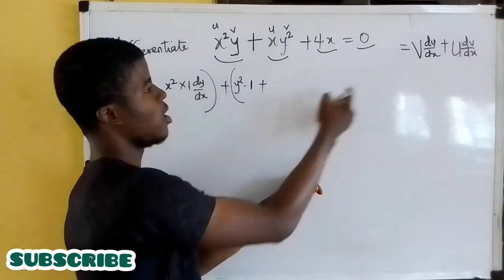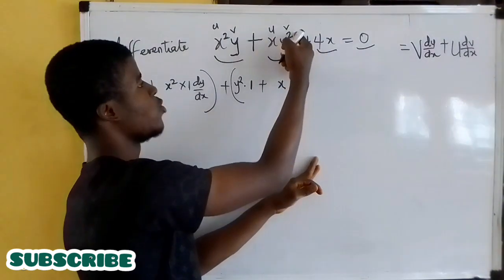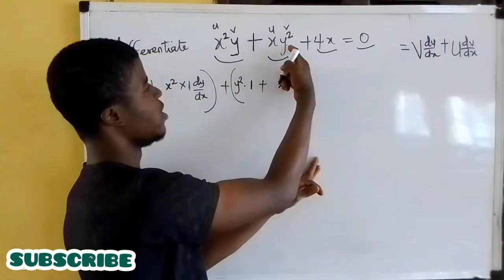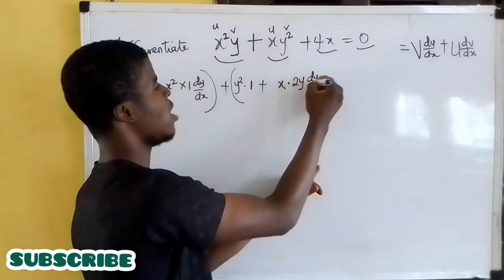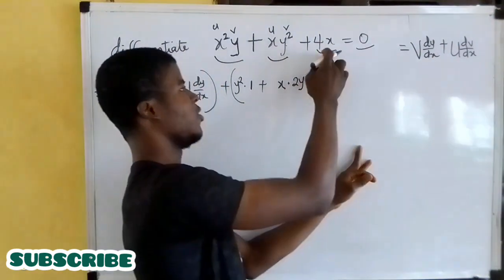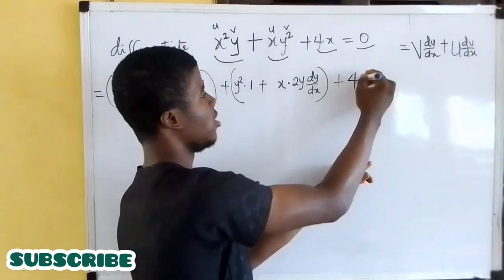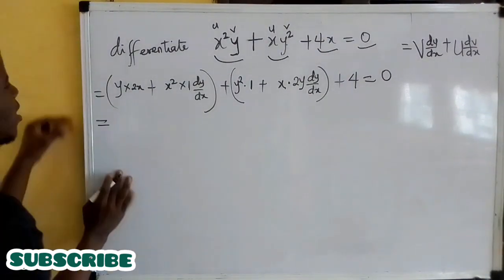Plus u, I'll write down u, which is x. I'll differentiate y squared, which is dv dx. Differentiate y squared, I'll get what? 2y. Then I'll write dy dx. Plus, differentiate 4x, I'll get 4. Differentiate 0, that's 0.